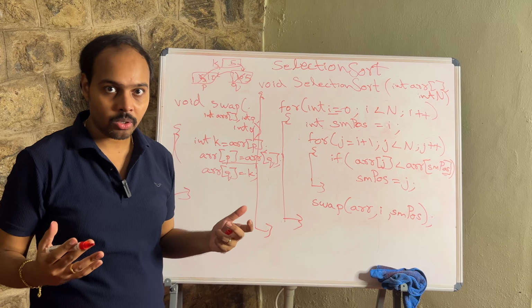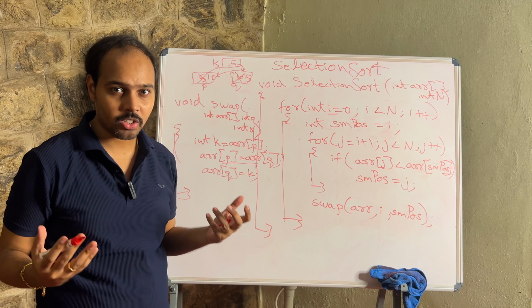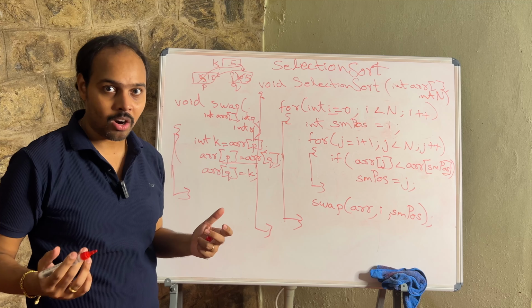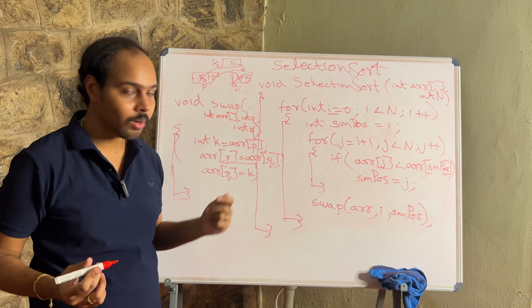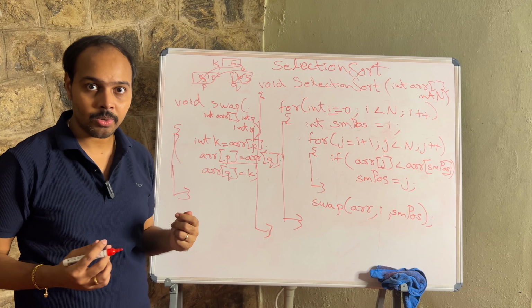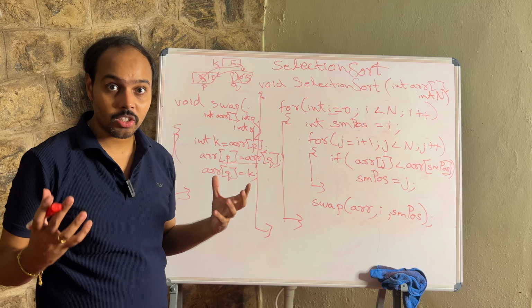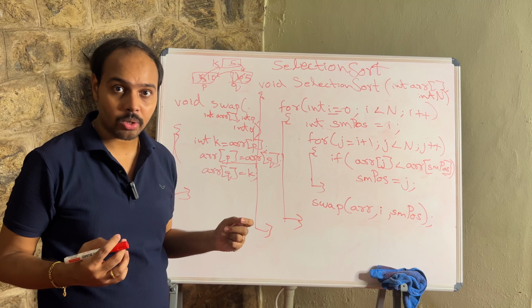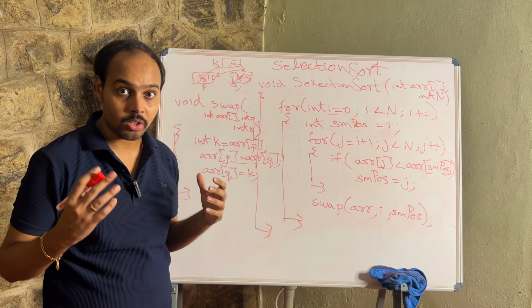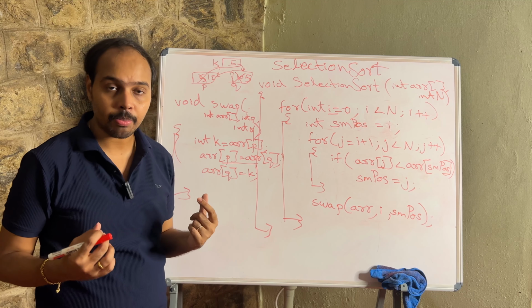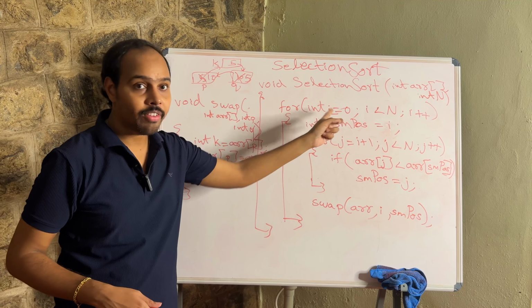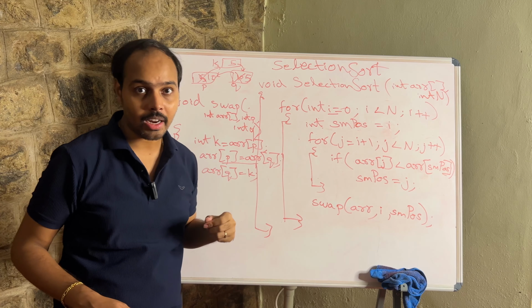Hope you were able to do the selection sort yourself. If not, you would have looked at the solution, the simple solution that selection sort provides. This is not an algorithm that I would recommend you use for your sorting purpose in real world programming, because for every element we are checking every other element in the array.